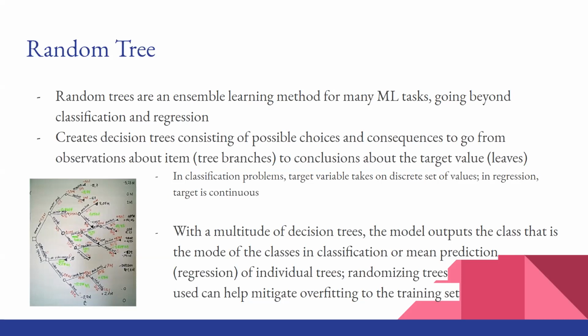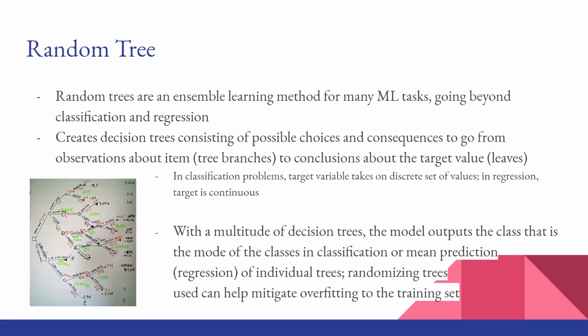It creates decision trees consisting of possible choices and consequences to go from observations about items, so the tree branches, to conclusions about the target value. In classification problems, the target variable will take on a discrete set of values, such as cat, dog, or other. In regression, the target is continuous, since you're trying to find a multivariate relationship.